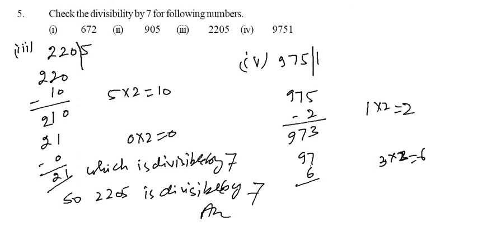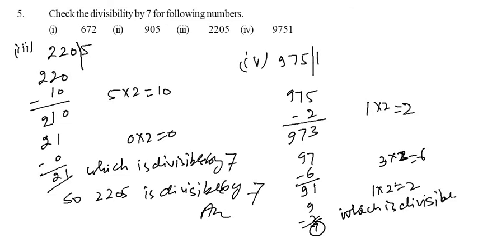Now subtract this, so we get 91. It is further divided into two parts: 1 into 2 becomes 2, and here is 9 minus 2. So we get 7, which is divisible by 7.